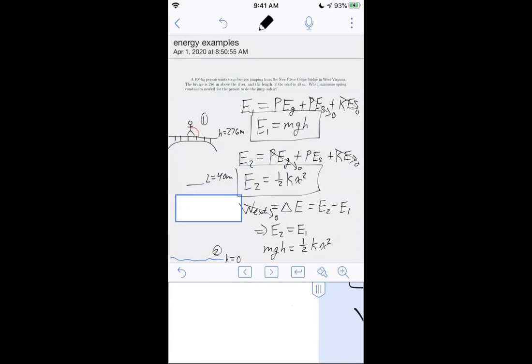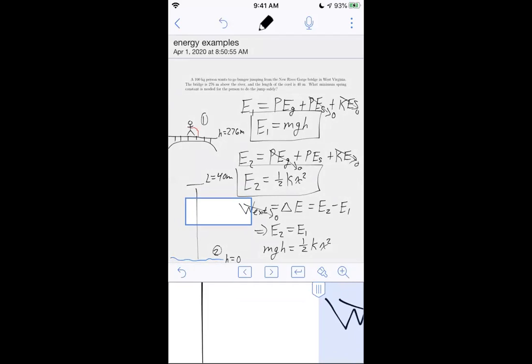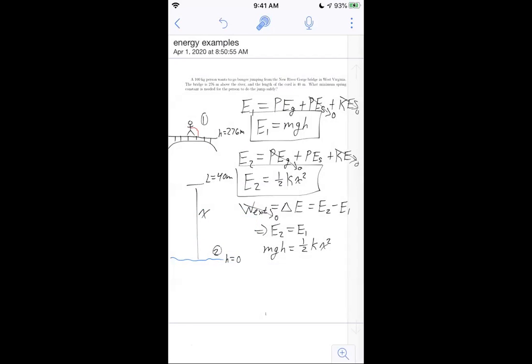And then this distance from where the spring starts stretching to the water, that distance is what we're calling x. So L is this distance from here to here, and then x is this distance the rest of the way to the water.